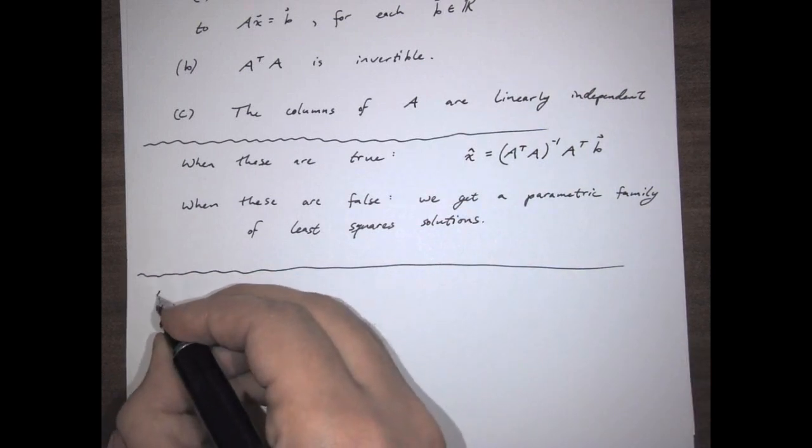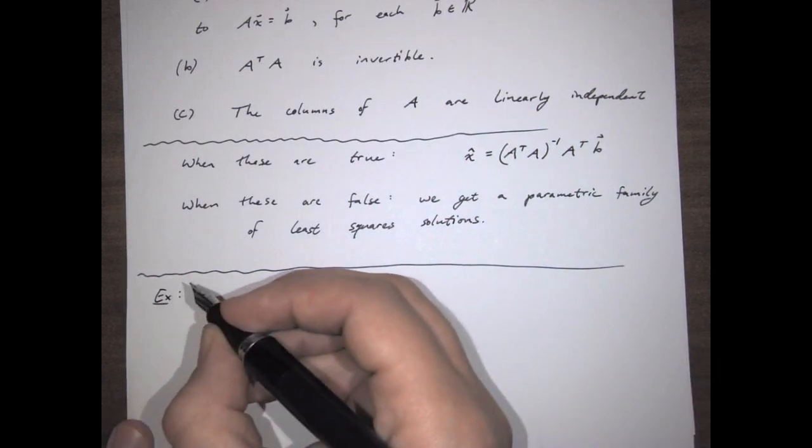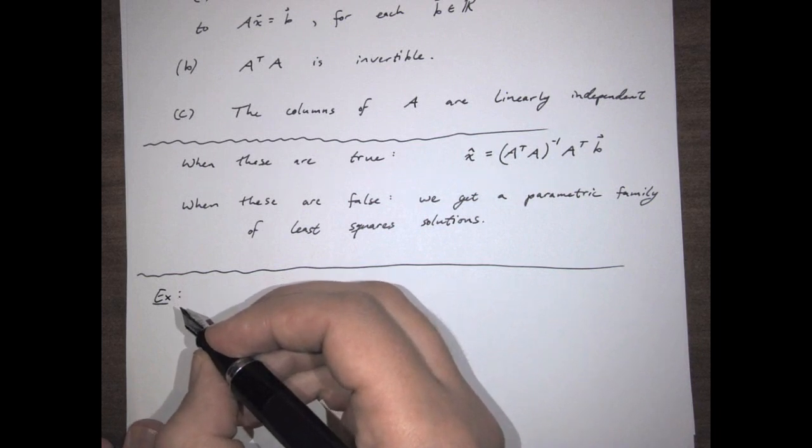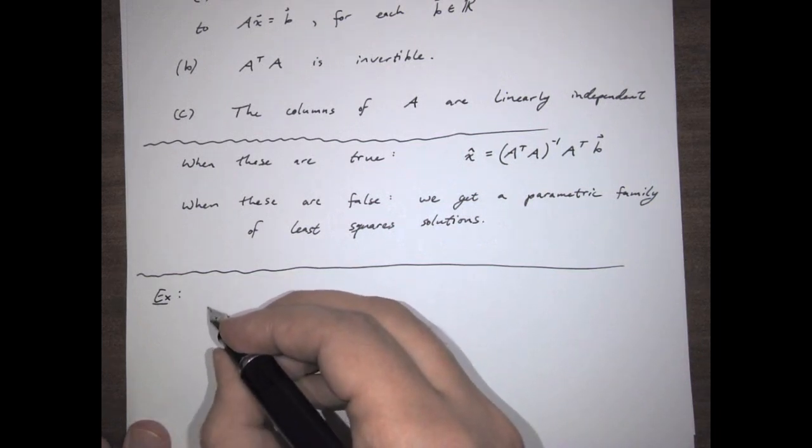So let's see an example of something like this. An example of a parametric family of solutions would come from something along these lines.